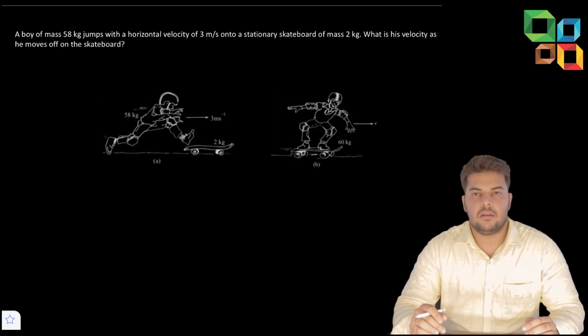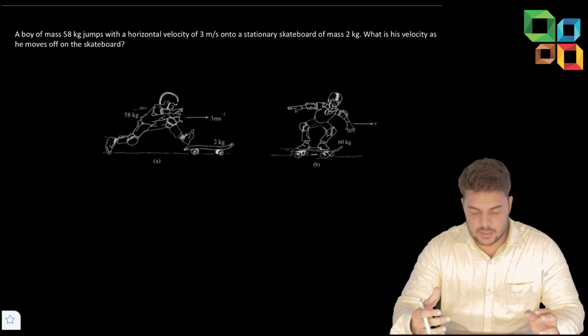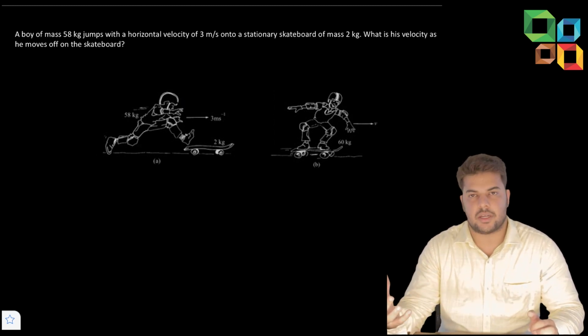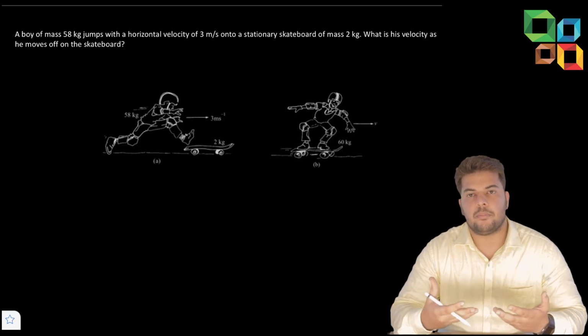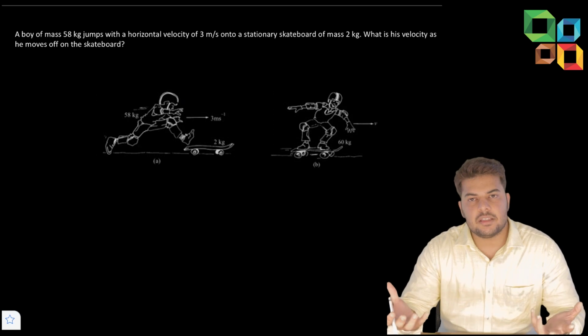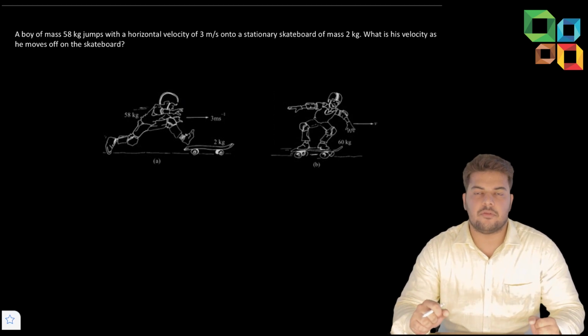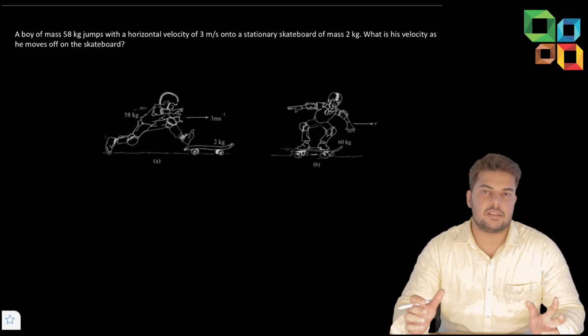Right. So if a skateboard seems to be a little bit small for you, imagine a bigger object. Maybe a platform with wheels, and you come running and get on this platform with wheels, a bigger platform with wheels. All right.